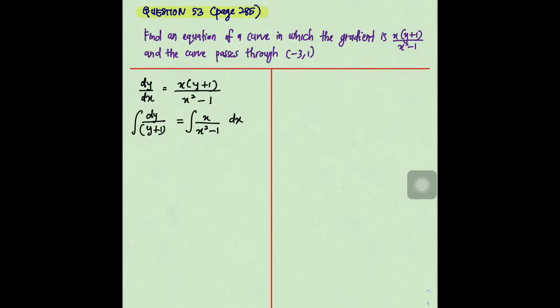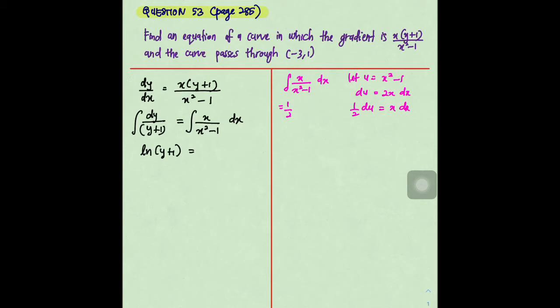Integrate both sides. On the left hand side you will get ln|y + 1|. For the right side, x/(x² − 1) dx, we use the substitution method. Let u equal x² − 1, therefore du is equal to 2x dx, so 1/2 du is equivalent to x dx.